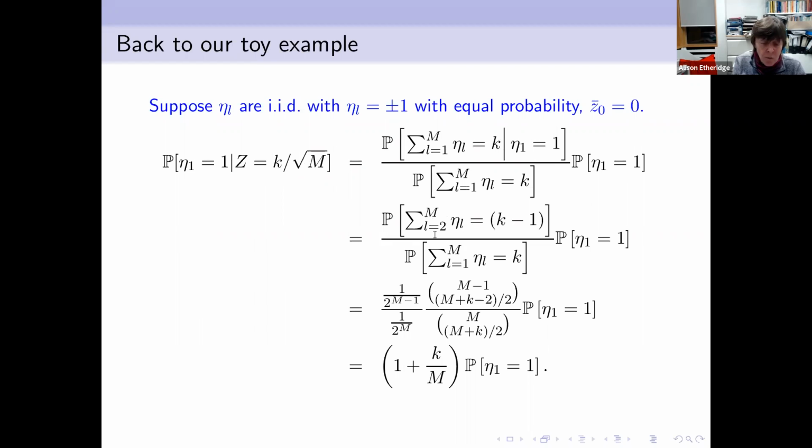Now, for each of the possible ways of writing down a string of plus and minus 1s of length m minus 1, such that that string adds up to k minus 1, because eta L was plus or minus 1 with equal probability, that string will have probability 1 over 2 to the m minus 1 for any such string. And similarly, the probability of any string of length m, in which the sum of the minus 1s and 1s is k, will be 1 over 2 to the m.